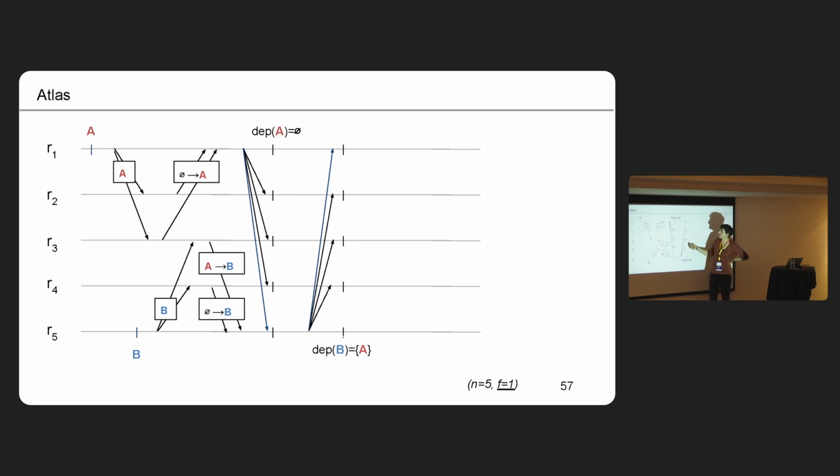So the recovery thing is that you go asking Q minus F plus 1 processes in the fast path what are the dependencies you reported to the leader.